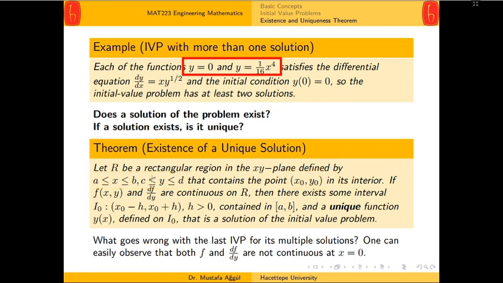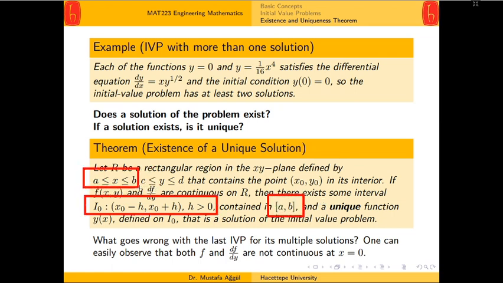If f of x, y and its derivative with respect to y are continuous on R, this is the condition, then there exists some interval I naught involving x naught in it, small enough, an interval in the x domain, and a unique function y of x defined on I naught that is the solution of the initial value problem.